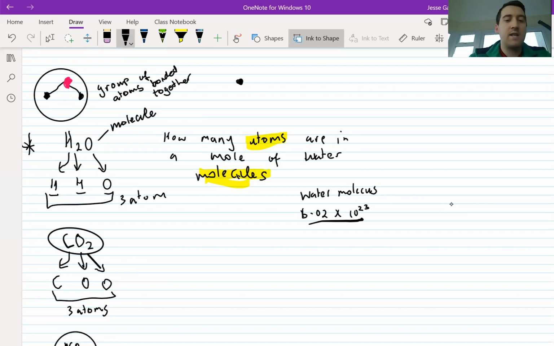So to get the number of atoms here, I would take my mole number and multiply it by 3. Okay, and what I would get there is 1.806 times 10 to the 24. So that's what I would get there.